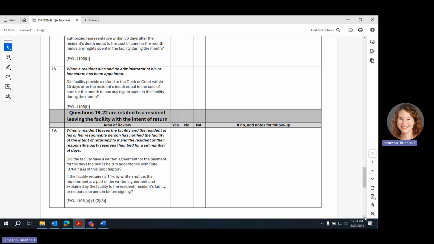There is space to check yes, no, or not applicable. And if no is checked, there is space on the right-hand side of the page to add notes for follow-up.